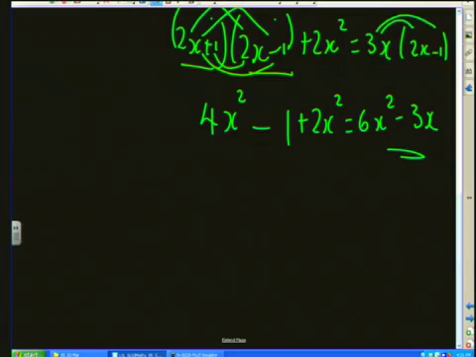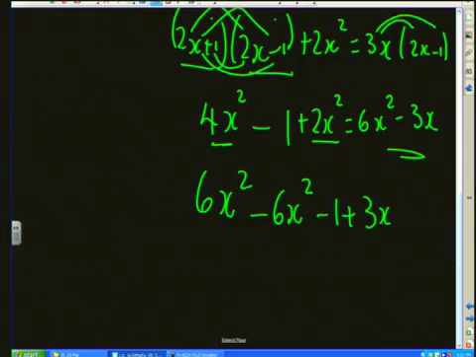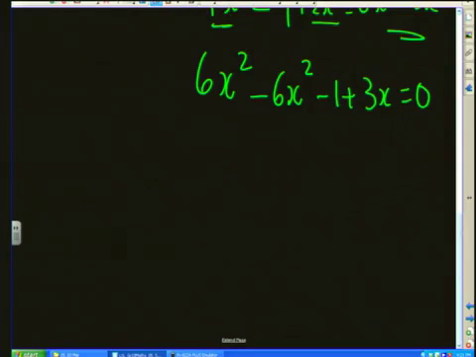Okay, so if I do that, on the left hand side, simplifying 4x squared plus 2x squared, 6x squared. And I bring the other 6x squared across, I get minus 6x squared minus 1 plus 3x is equal to 0. And what you'll actually see here is that you get 6x squared minus 6x squared.